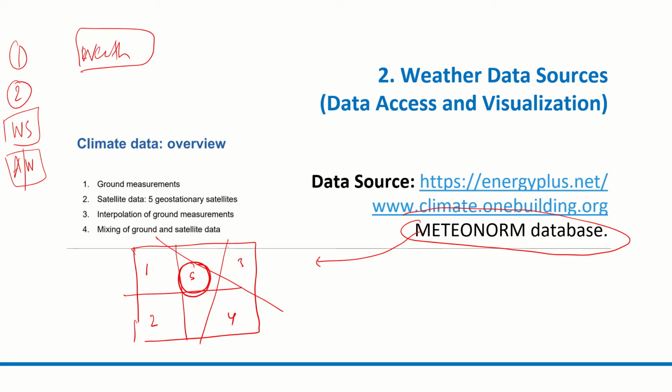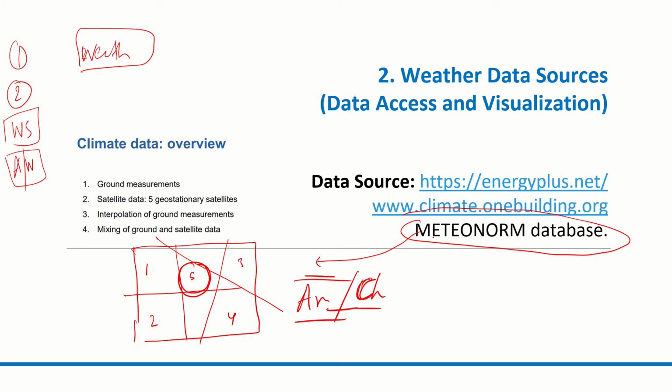For example, yesterday we had a similar issue. We are trying to analyze a site closer to Chennai, I forgot the name, Chengalpet, Arakonam, yes. So we don't have a weather file for Chengalpet or Arakonam. What do we do in that case?